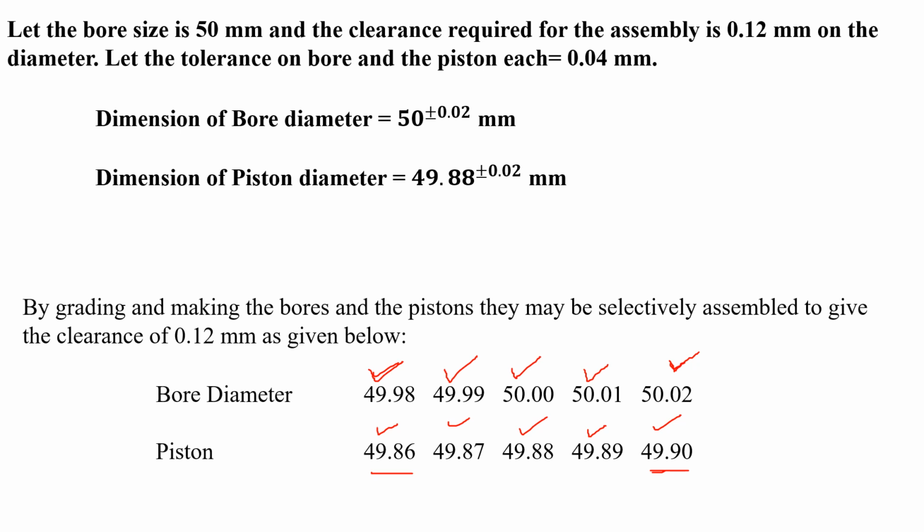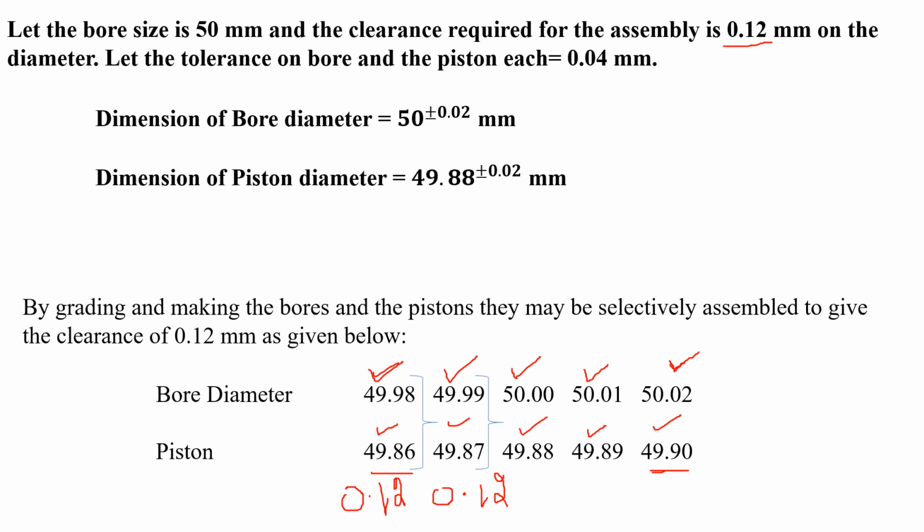Now we have to make the assembly which will give a clearance of exactly 0.12 mm. So 49.98 bore and 49.86 piston make one assembly. Here the clearance is 0.12. Similarly, 49.99 bore and 49.87 piston make another assembly. Here also the clearance is 0.12.